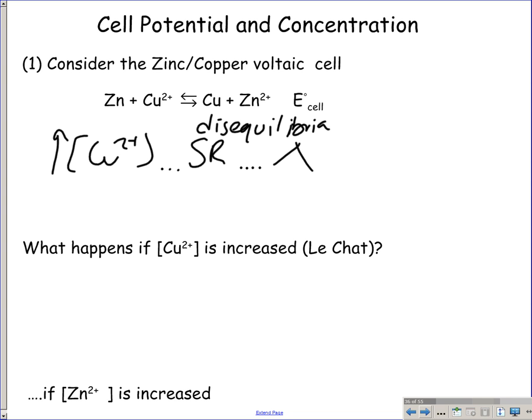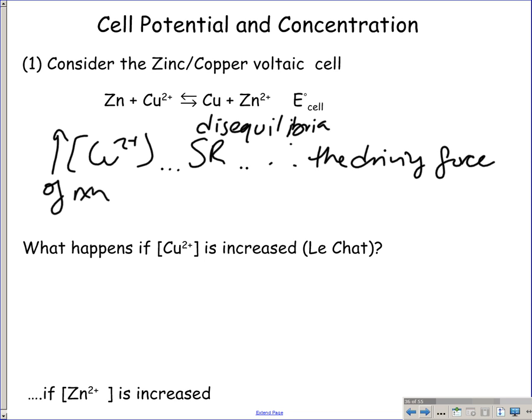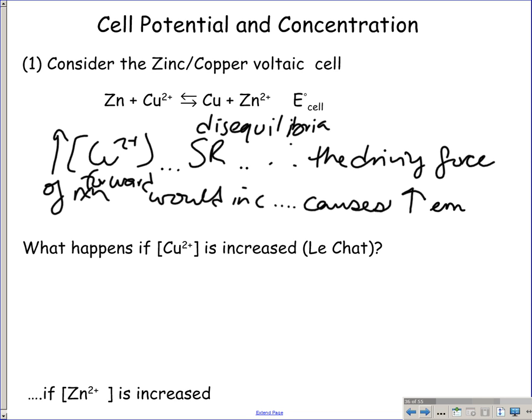Oh, hold on, therefore is not a triangle, therefore is 3 dots. Therefore, the forward reaction would increase, which causes, okay, I want to say an increase in electromotive force, which is an increase in voltage, which is an increase in E cell.